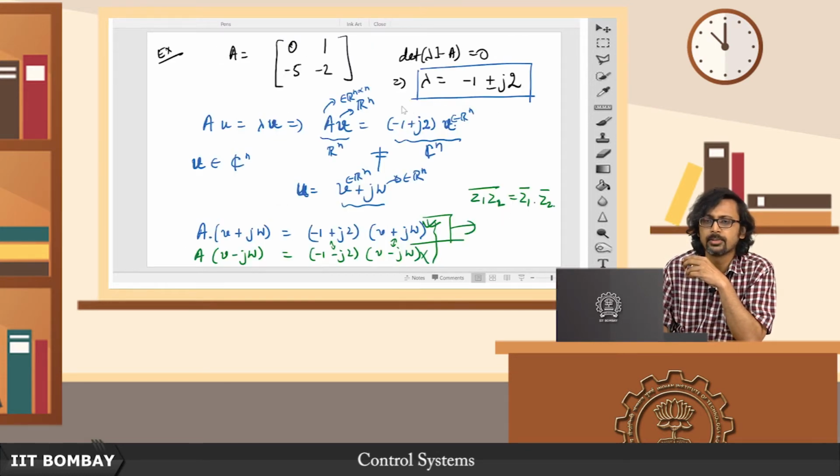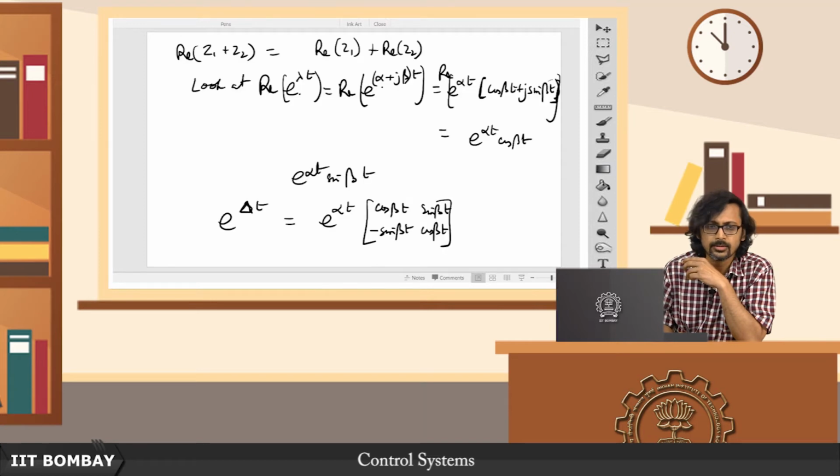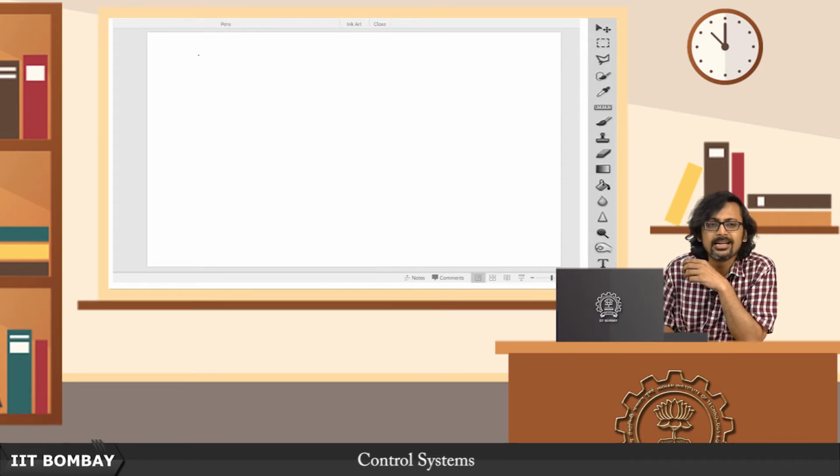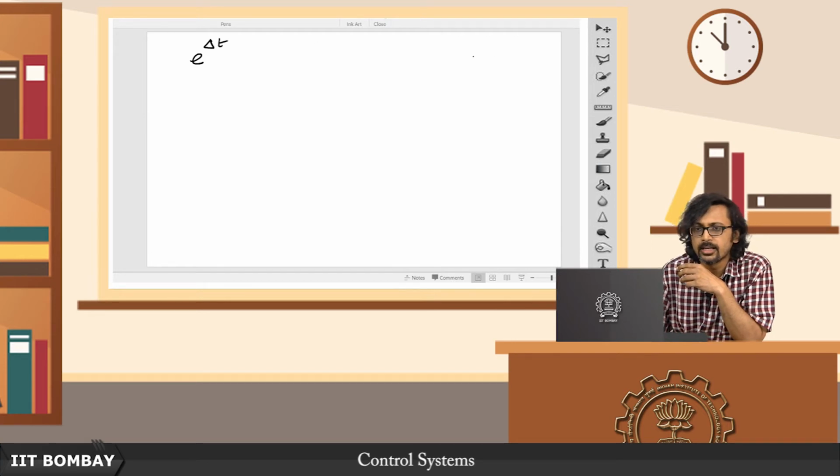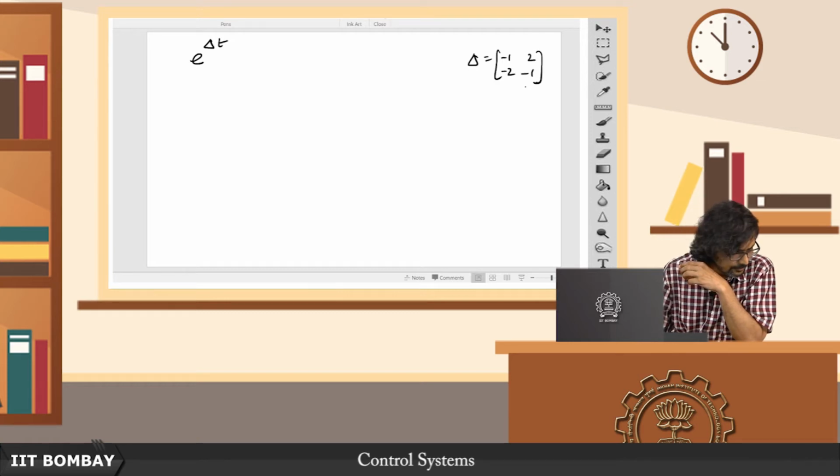This was the example that I had taken, -1 plus minus j2. I can now directly, in fact blindly, write this e to the delta t, where delta is, remember, -1, 2, -2 if I am not mistaken.